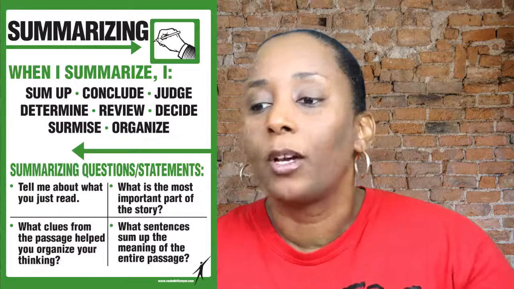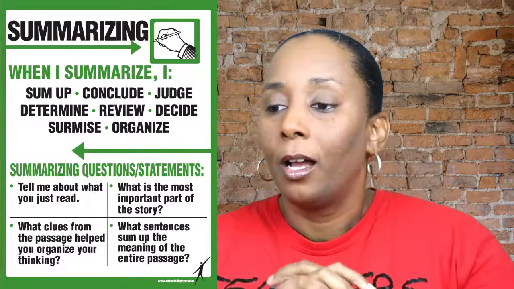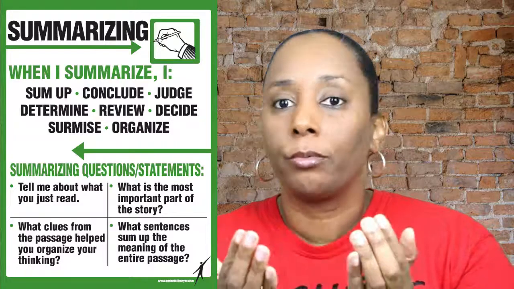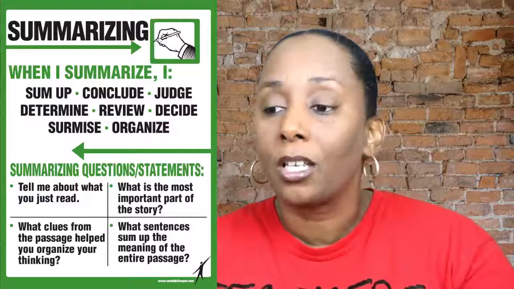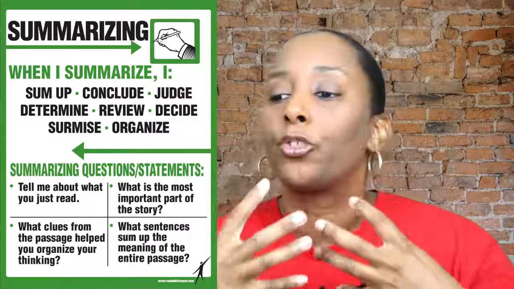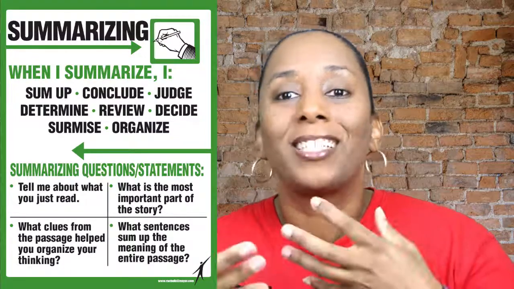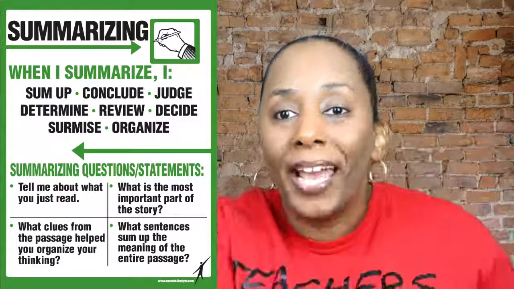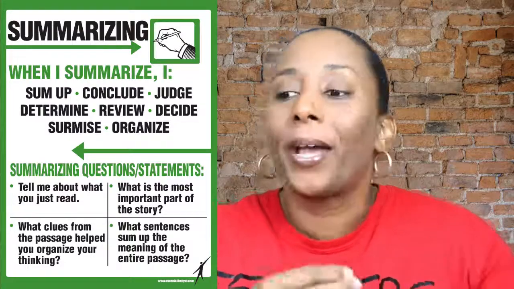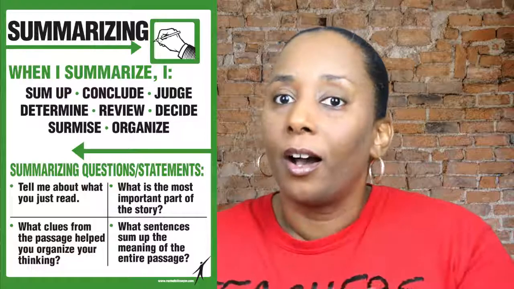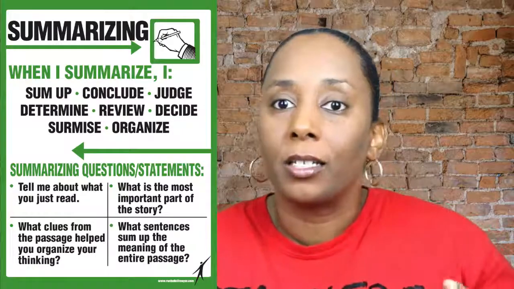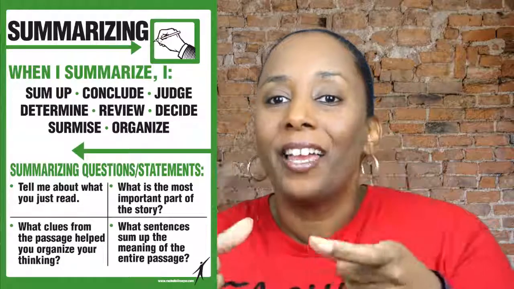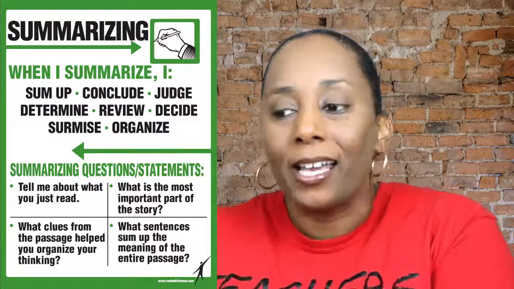And the last one is summarize. After kids read problems or are ready to solve them, they should come to a conclusion and decide, okay, based on the text or based on the problem, I'm going to do this because certain words in there indicate this.